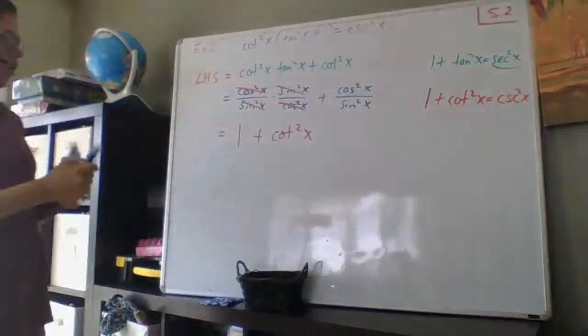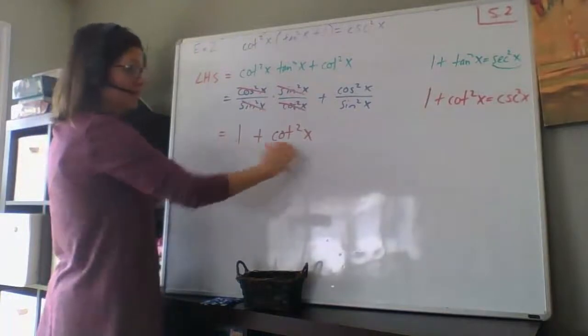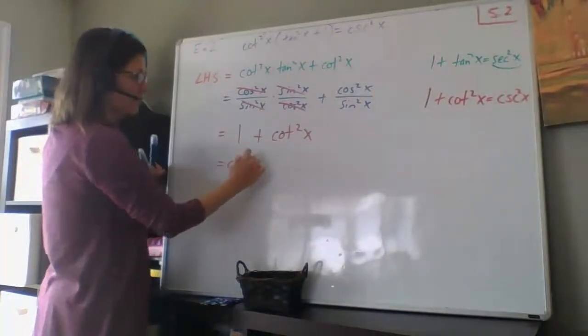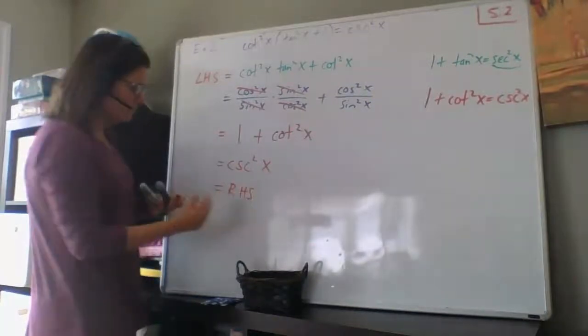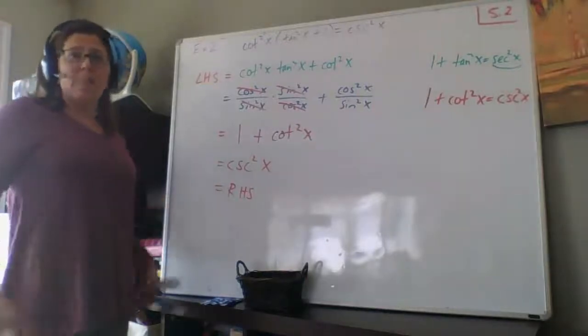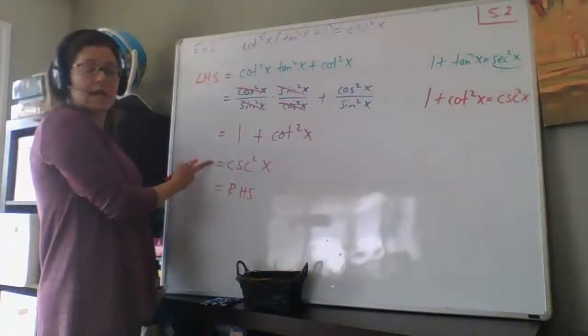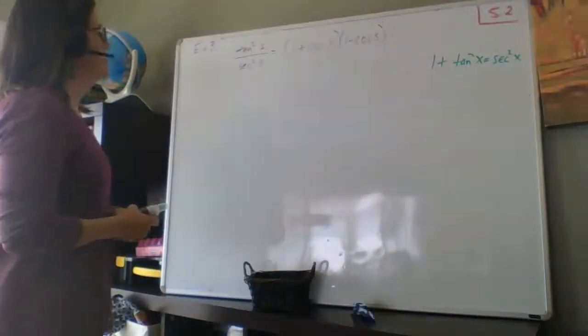Since we have exactly the left side of that identity, this is in fact equal to cosecant squared x, which is the right-hand side. Notice we did two pretty different techniques, but either way, they both got us to the same answer. So both of those methods are perfectly acceptable.